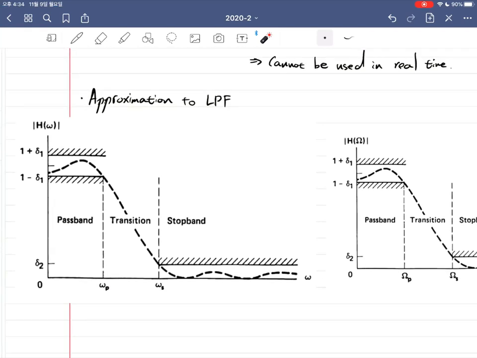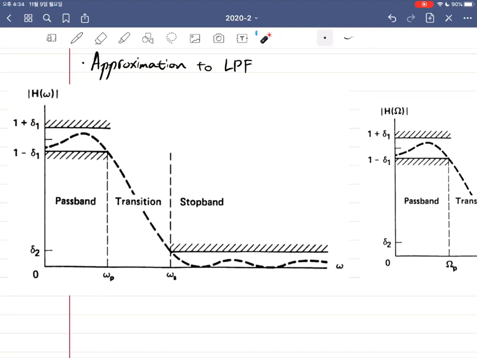These delta 1 and delta 2, which determine this omega p and omega s, are the design parameters for the engineers to construct this approximated LPF.